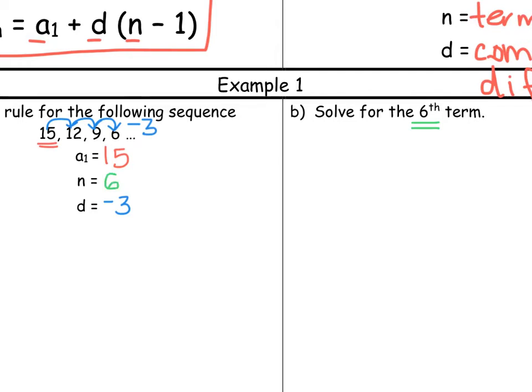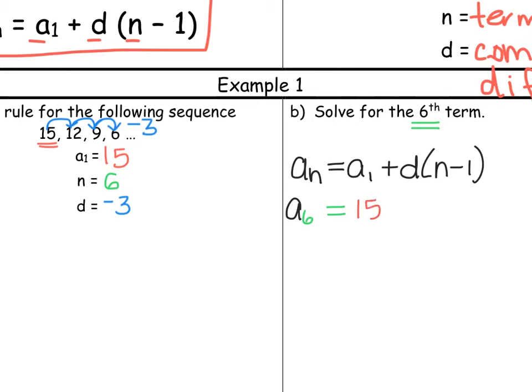So we're going to take this formula, a sub n equals a1 plus the common difference times n minus 1. We're looking for the sixth term. Our first term is 15. Our common difference is negative 3.